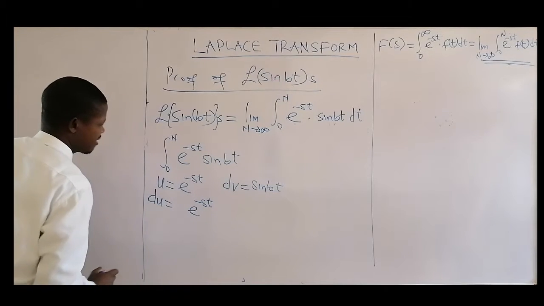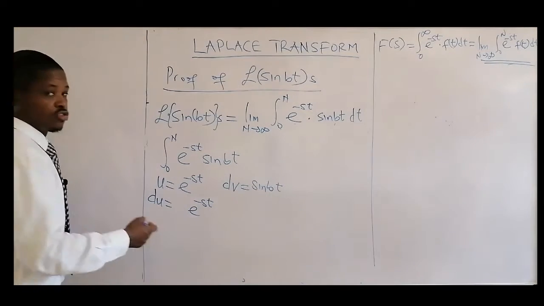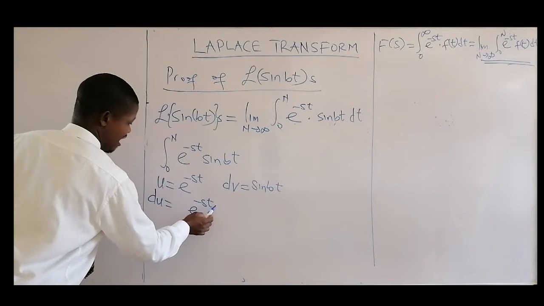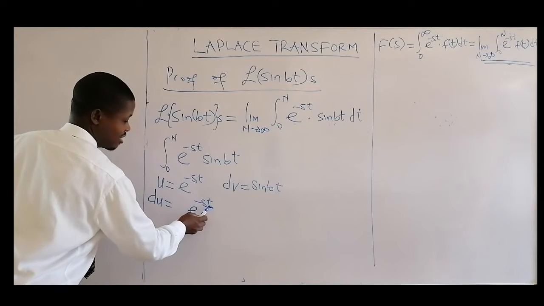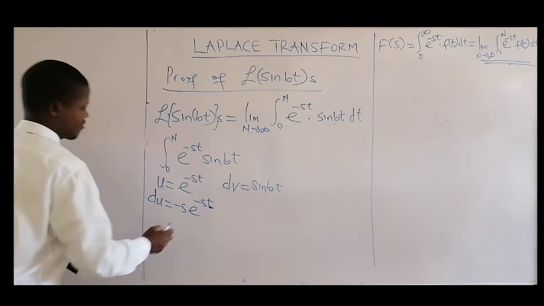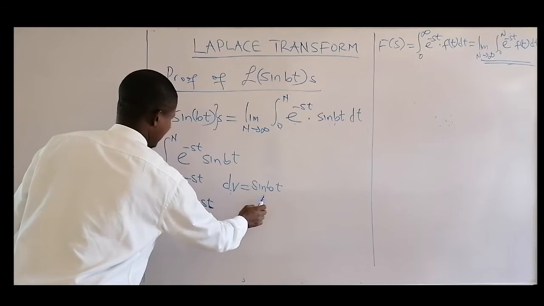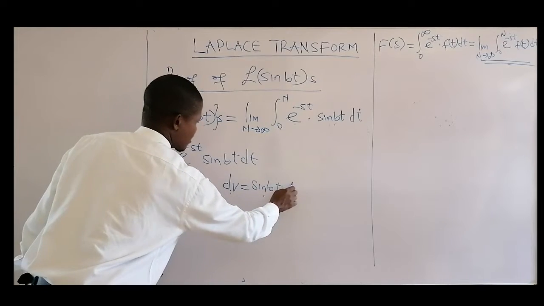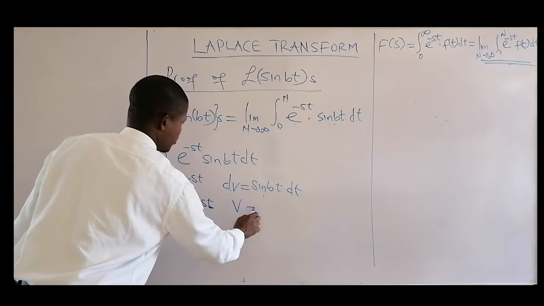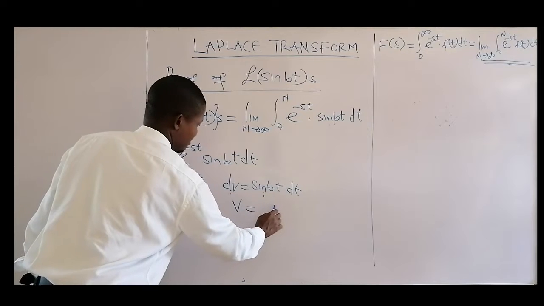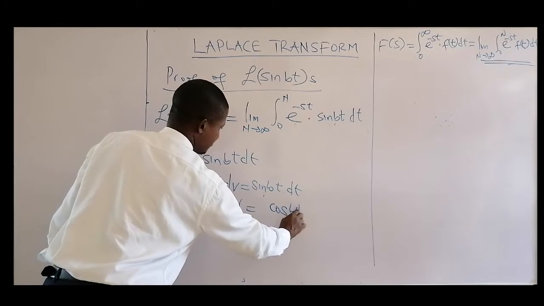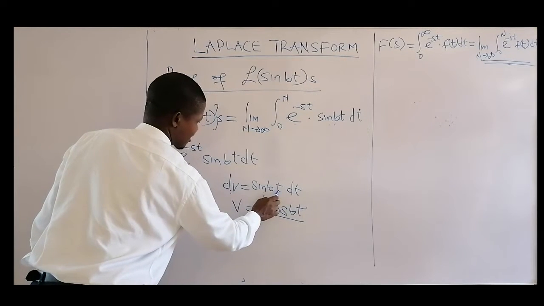My du is equal to this: in differentiation, we multiply by the derivative of that variable. The variable is t, so minus s. Then integrate dv: v will be equal to, if you integrate sine, that will give you cos bt all over the derivative of that function.